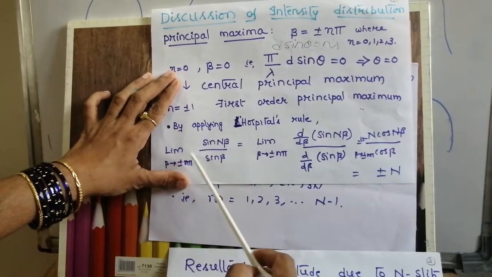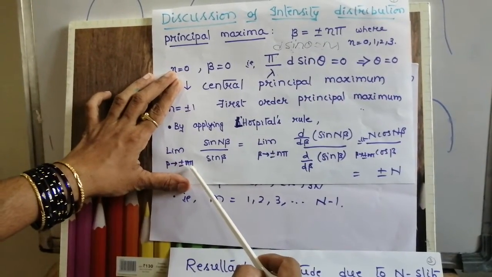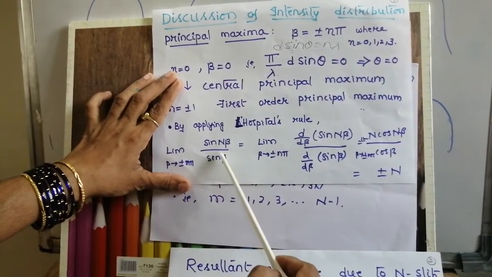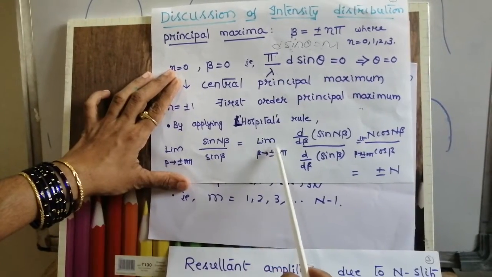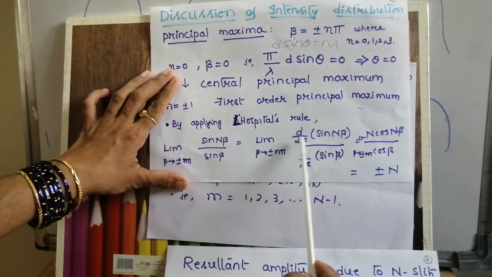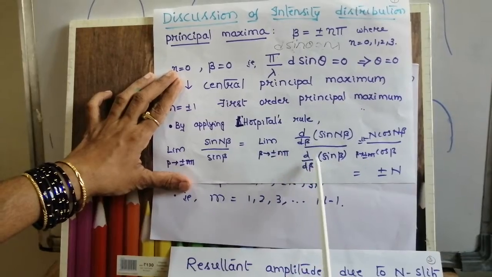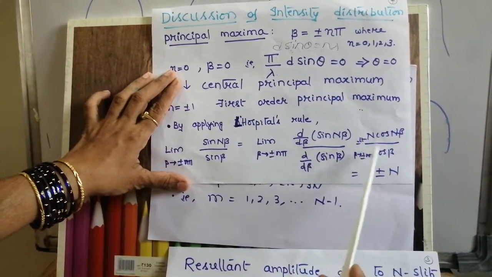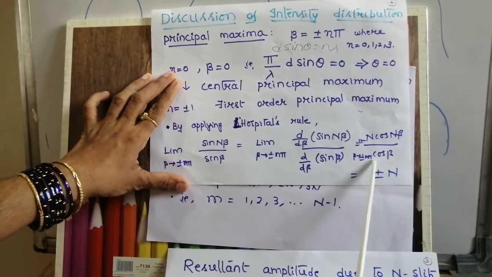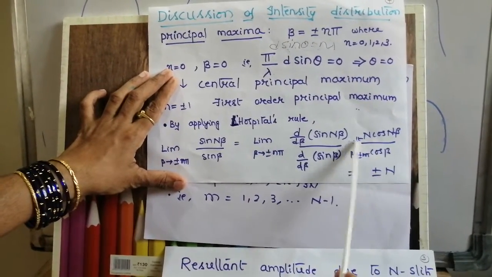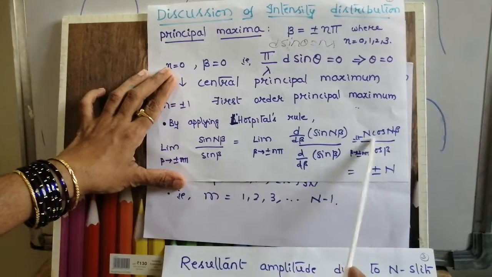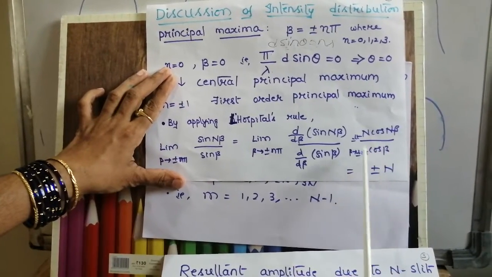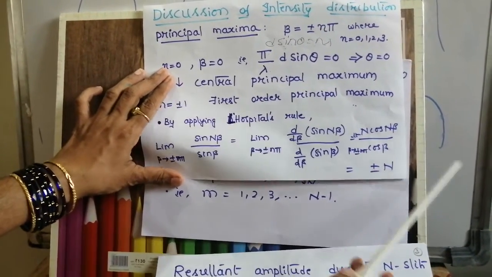The limit as beta tends to plus or minus n pi of sin n beta by sin beta: differentiate numerator and denominator, d by d beta of sin n beta by d by d beta of sin beta, that is n cos n beta by cos beta. When beta tends to plus or minus n pi, cos n beta and cos beta are 1, so it becomes equal to plus or minus n.